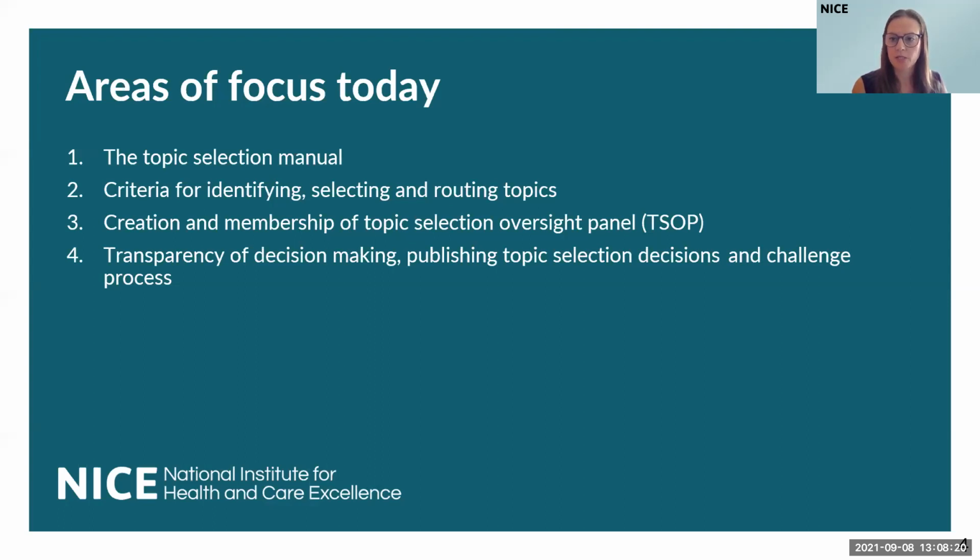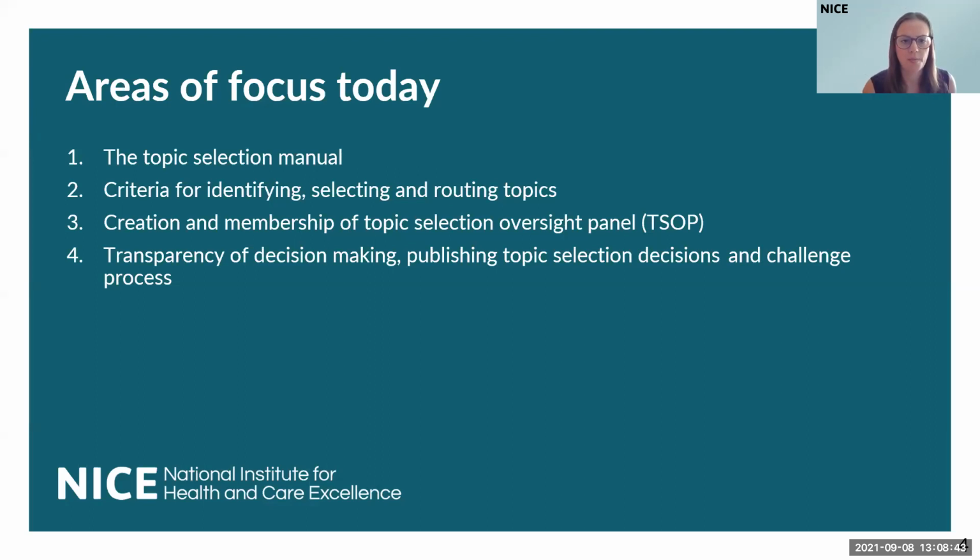Within that is also the eligibility criteria that we received a fair amount of comments on from the consultation that took place in the autumn last year. The creation and membership of the topic selection oversight panel, known as the TSOP. And lastly, the transparency of decision making, publishing the topic selection decisions and the challenge process.